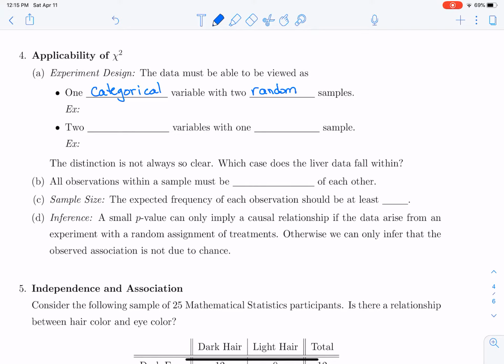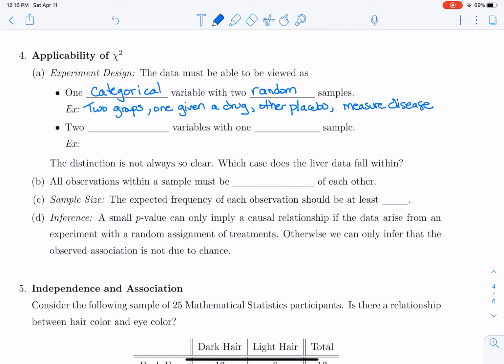In this case, you could think about two groups. One's given a drug. The other is a placebo. And then we're going to measure the disease. You either have the disease or you don't, or maybe your disease condition improves or it doesn't.